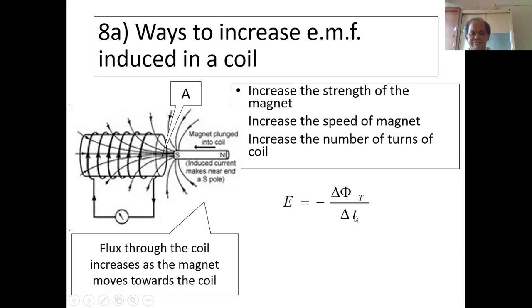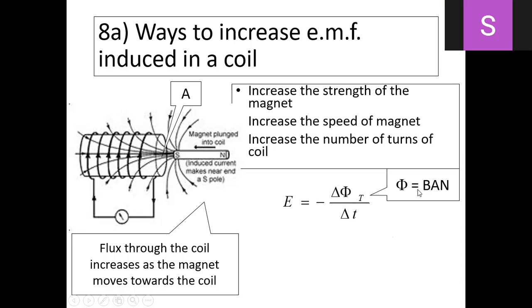Instead of memorizing it, that law summarizes it for you. Your flux linkage is BAN. Increase the number of turns, increase the EMF; increase the area, increase the EMF; or B, make it stronger, increase the induced EMF.